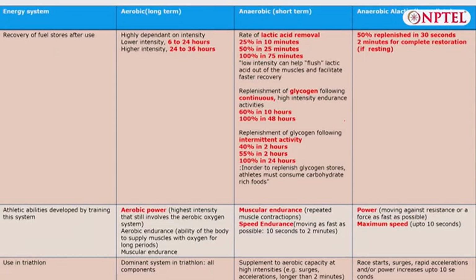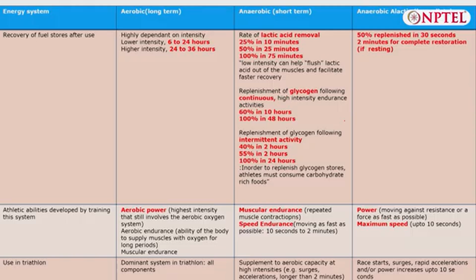Here when we talk about the energy system, the recovery of fuel store after use, the aerobic, that is long distance, requires 6 to 24 hours for full recovery, and the higher intensity requires 24 to 36 hours.